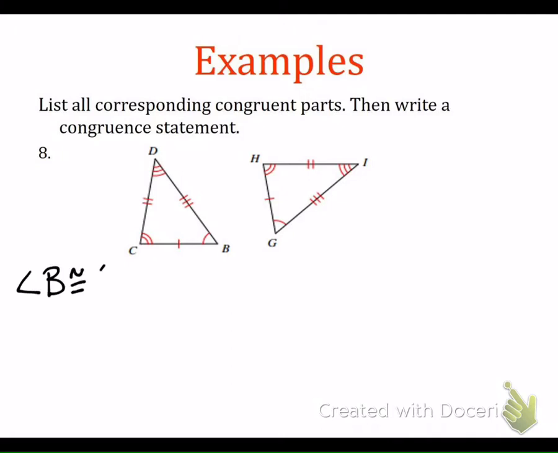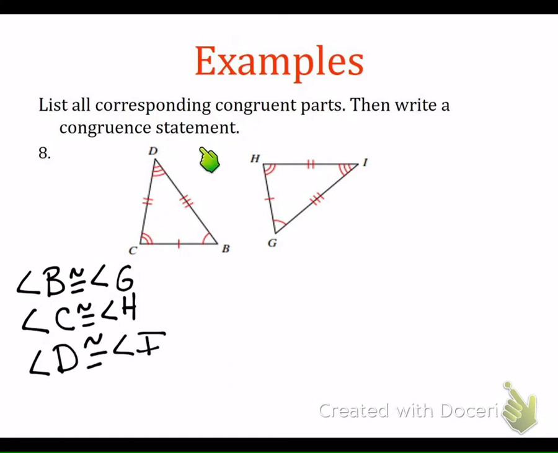Angle B is congruent to angle G. Angle C is congruent to angle H. Angle D is congruent to angle I. Now this one's a little easier because you can just take this one and tip it over and they line up. Nothing has to flip. The flip was kind of the hard part on the last one.